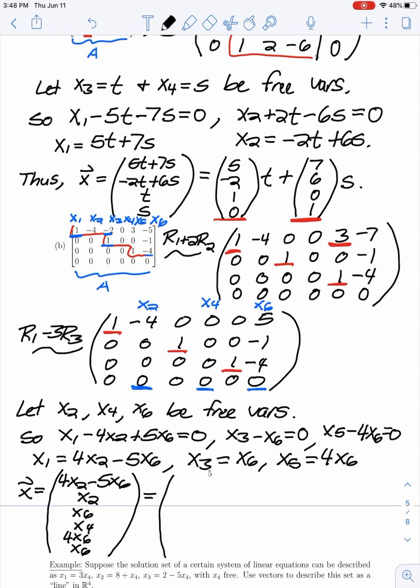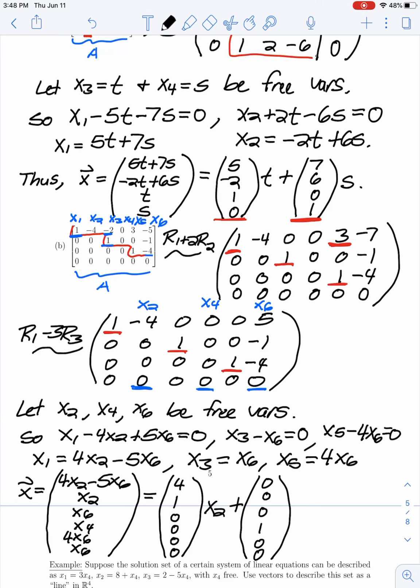So if we split this in parametric vector form, let's start by pulling out the values for x2. So we had 4x2, 1x2, and then no x2s in my remaining equations. Plus, for x4, the next free variable, the only place x4 appeared was for the variable x4 itself.